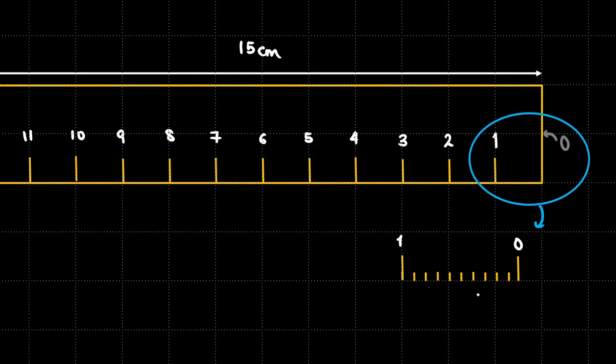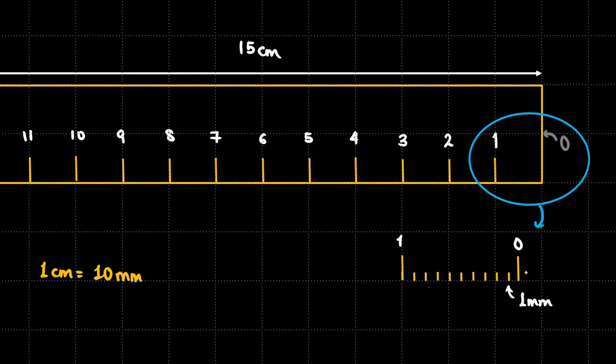Sometimes the fifth one will also be longer. So this is 0, this is 1 millimeter, 2 millimeter, 3, 4, 5, 6, 7, 8, 9, 10 millimeter, where 10 millimeter is the same as 1 centimeter. So as you can see, there are divisions right over here.